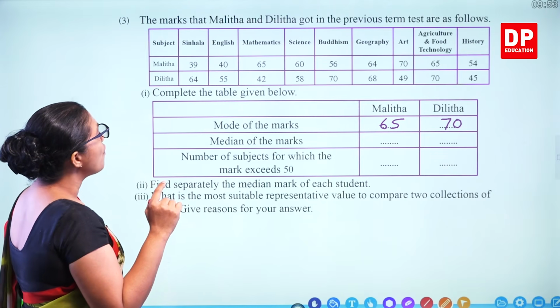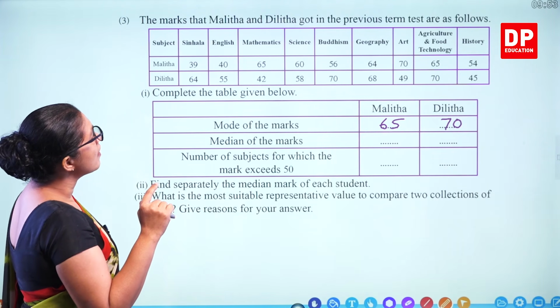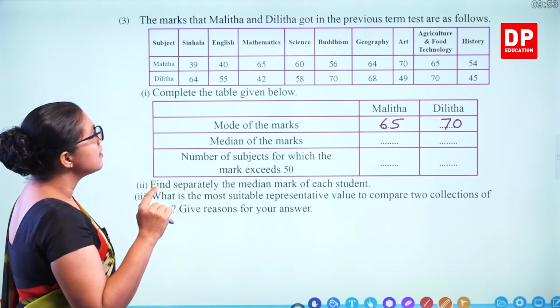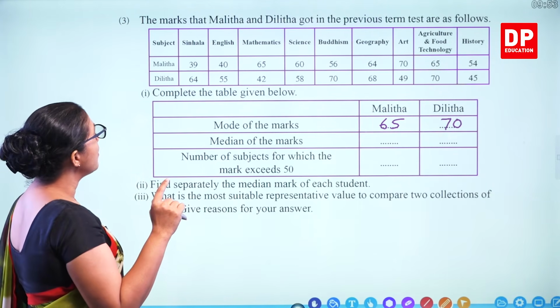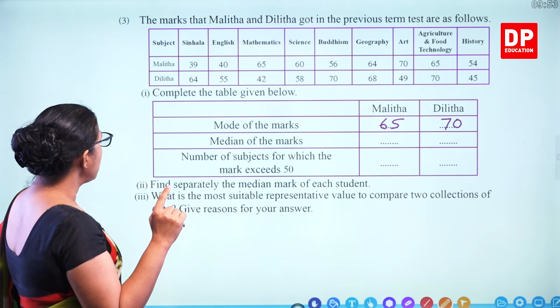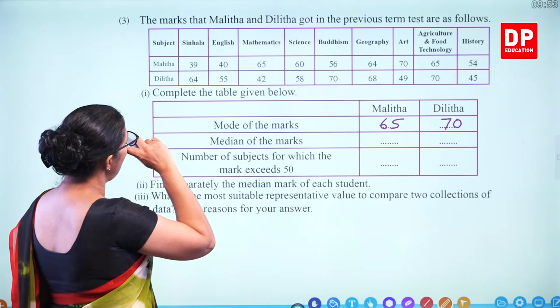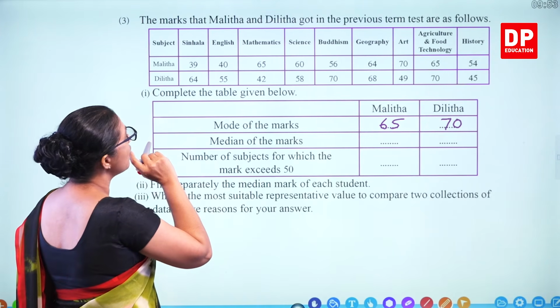Median of the marks. This is not in ascending order, so you have to arrange this in ascending order. So we'll find out the values in ascending order.